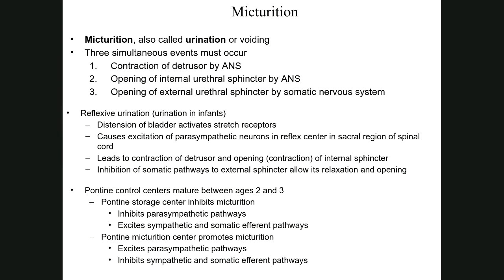This leads to contraction of the detrusor and of the internal sphincter, and inhibition of the somatic pathway to the external sphincter allows its relaxation and opening, so therefore the urine comes out. The pontine control center matures between the ages of 2 and 3 years old.